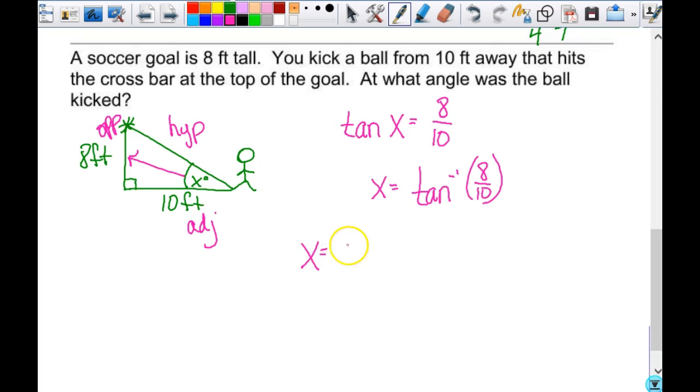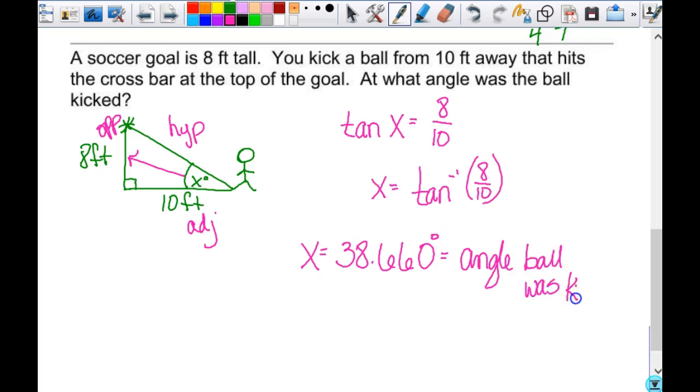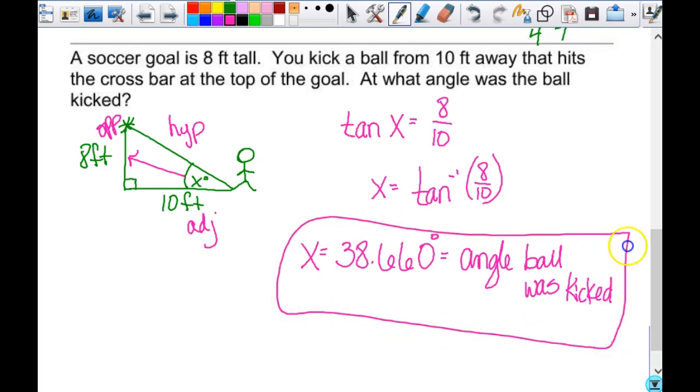What do you get? 6, what? 0. And so I can't leave it as X. Did anybody ask me to solve for X? No. They asked what angle the ball was kicked. So it's fine that I have X because I used that in there, but I need to label my answer correctly. This is the angle the ball was kicked. And I'm done.